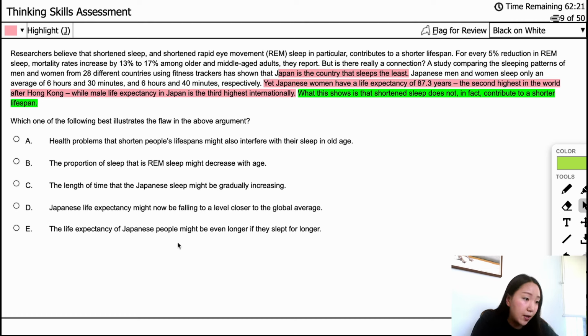Japanese life expectancy might now be falling to a level close to the global average. Again, that's not what we have based on this information here. The life expectancy of Japanese people might be even longer if they slept for longer. Perfect. That's exactly what we wanted. It's not that shortened sleep doesn't contribute to lifespan. It's that there are other things that are keeping these Japanese people young. And in fact, they could live longer, probably.